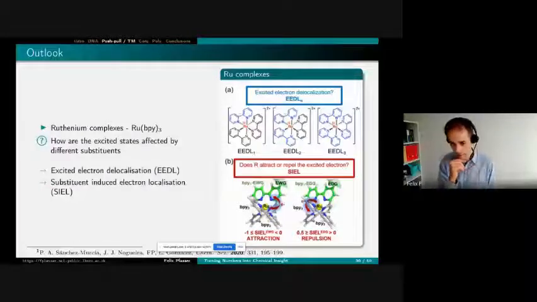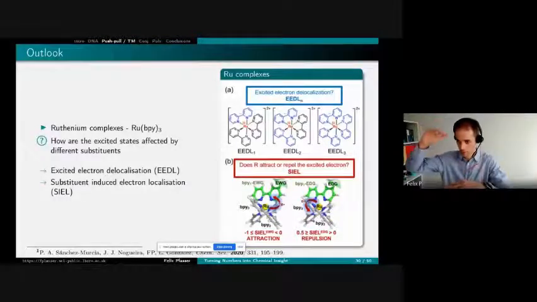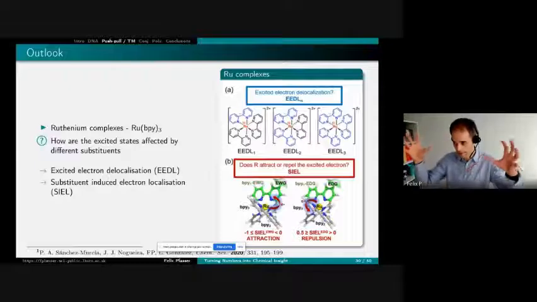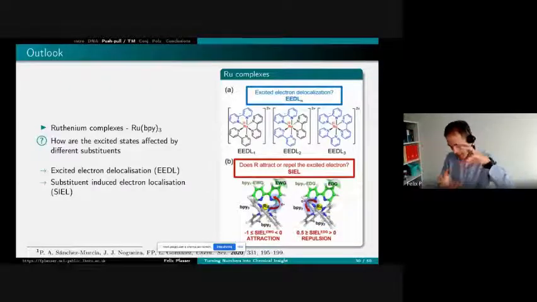Yeah, let's say the one elephant in the room is non-local exchange. We also have a JPC Letters paper. If you don't have non-local exchange, you don't have correlation at all. So for example, if you would do the same pictures on a large system with PBE, then you just have the HOMO-LUMO transition. The Coulomb attraction between the electron and the hole derives from non-local exchange in the ground state.